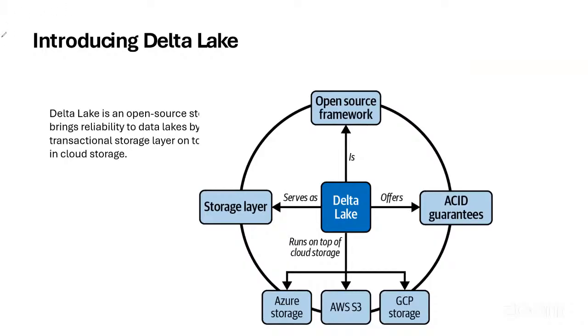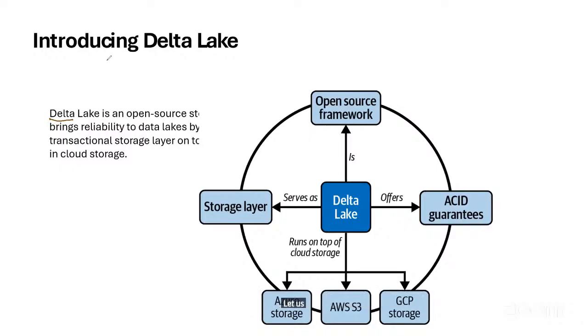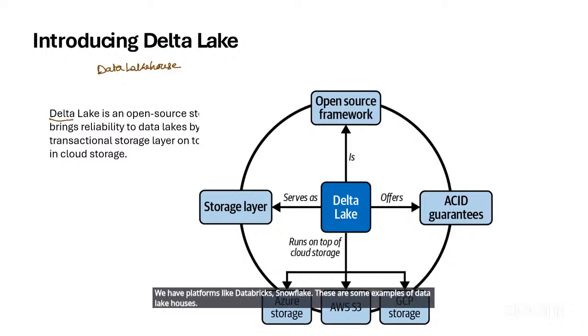Then this concept called Delta Lake came. Why make use of two different things, data lake and data warehouse? Let us club both of them and call it a data lakehouse. We have platforms like Databricks and Snowflake, which are examples of data lakehouses.